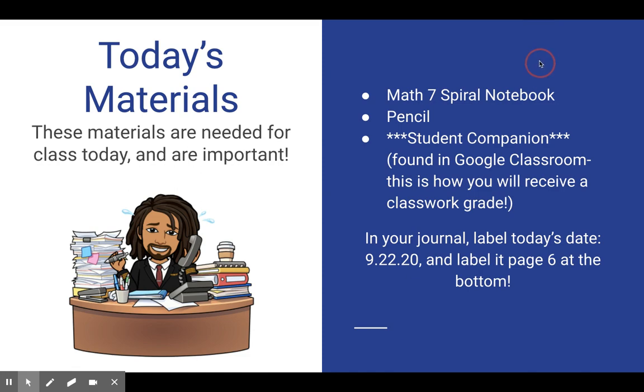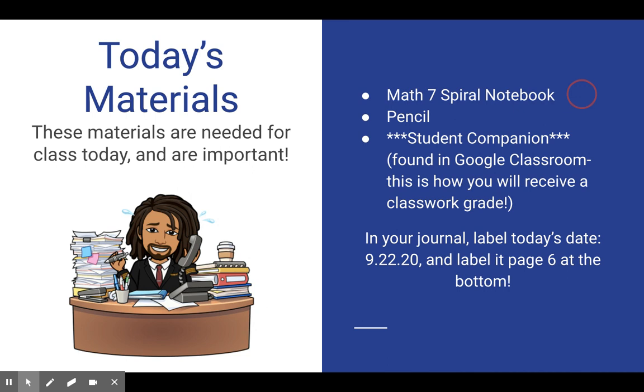So for today's materials, again, these materials are important. You're going to need your Math 7 Spiral notebook, even though we're not in a live Zoom. You're still going to need your pencil, and then you're also going to need the student companion that's going to be found in Google Classroom. Now, the student companion is also listed with this entire assignment.